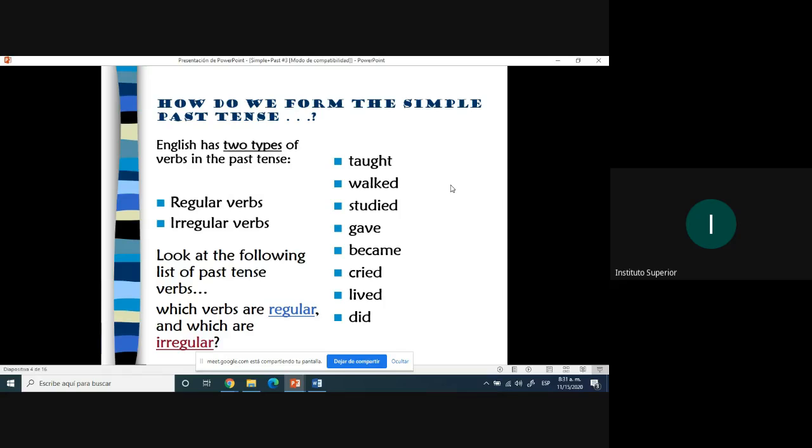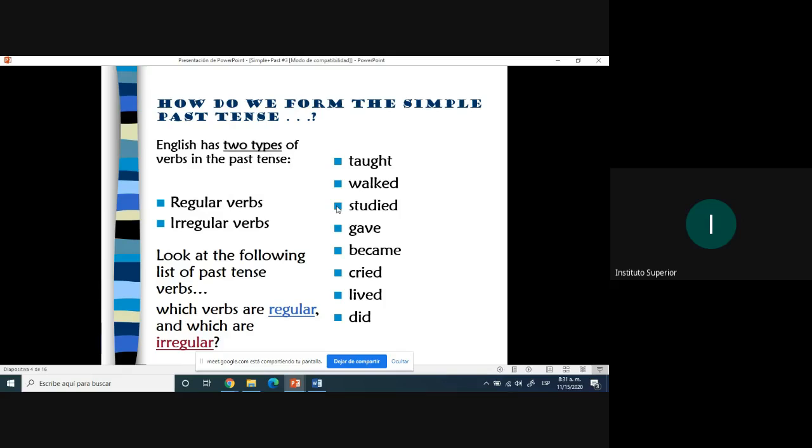Help me out. What is that there? First of all, we know that it's a verb. Of course, it needs to be a verb. But can you please tell me the meaning of that word? Thought. Yes. Okay. That is an irregular verb.